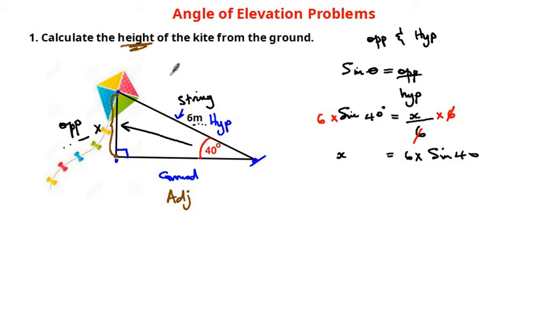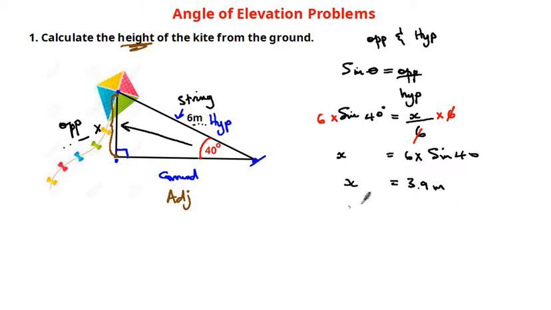So let me plug that in my calculator now. So 6 times sine 40. Alright, so the 6 times sine 40 gives us x equal 3.9 meters.